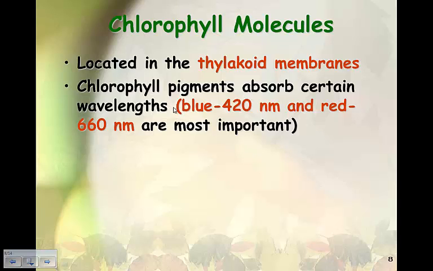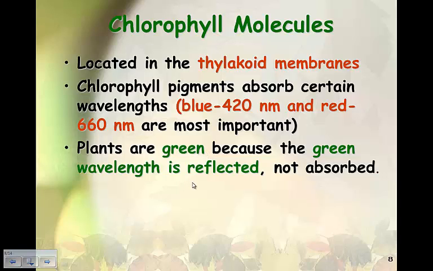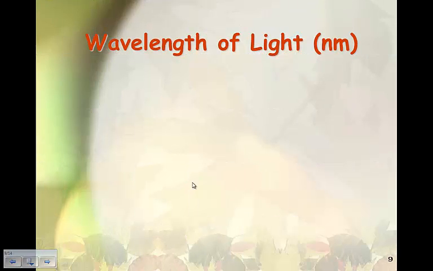If you recall from last week, that chlorophyll pigment absorbs certain wavelengths, mainly blue, but we saw both blue and red, or we should have seen both blue and red. And of course plants are green because the green wavelength is reflected. It's not absorbed. We saw the blue being absorbed, but we didn't see the green being absorbed in our results.